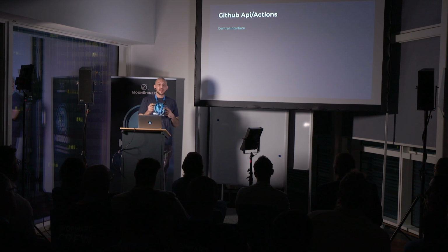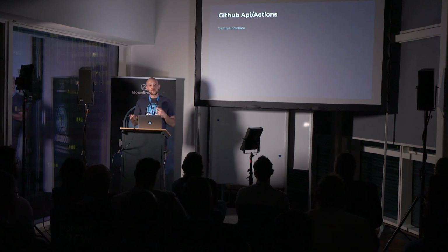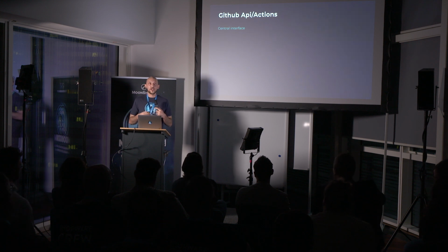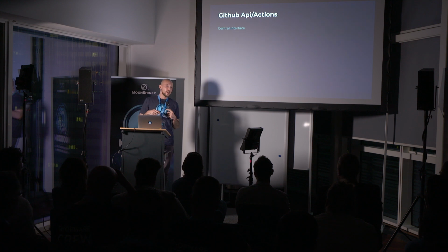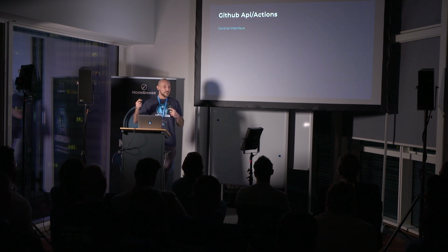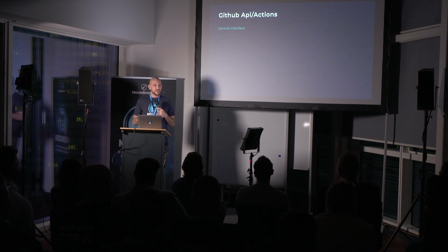So the actions use the API to set statuses and read out statuses, and you can imagine if you have a build, you want the build information. Is the build failing or not? If you have a deploy, is the deploy failing or not? And also the test status.